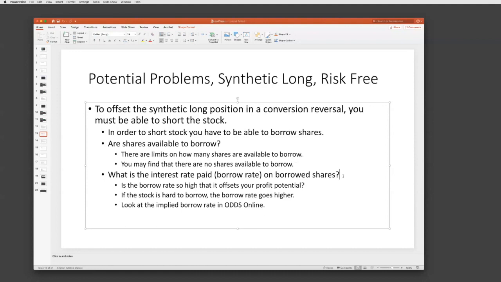If I sell short the shares at a certain price, I have some margin being held to cover the cost to replace those shares. And a lot of times you'll actually have that money in escrow as margin to get ready for the shares, if the shares are easy to borrow.